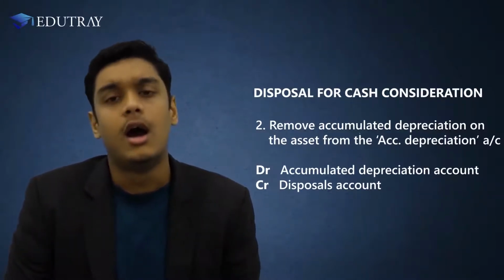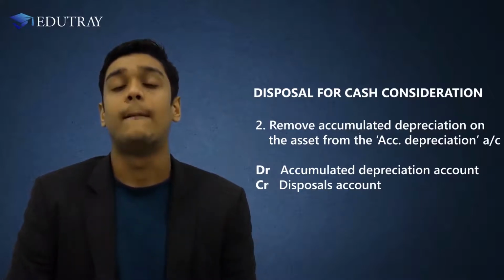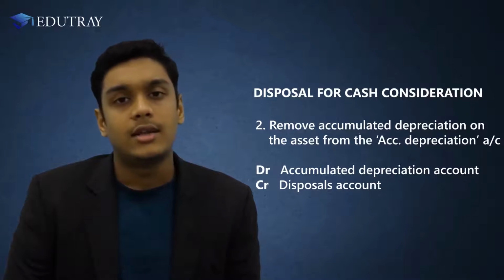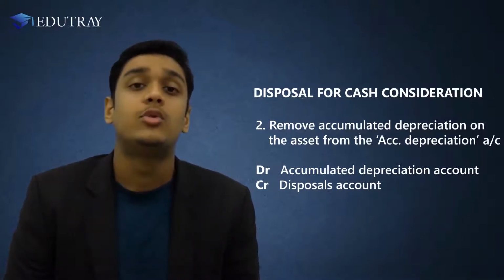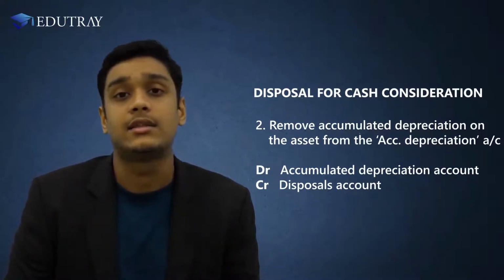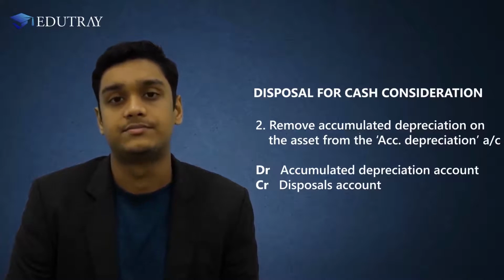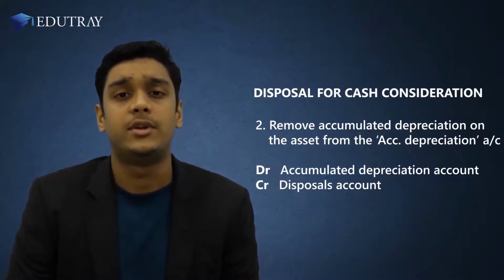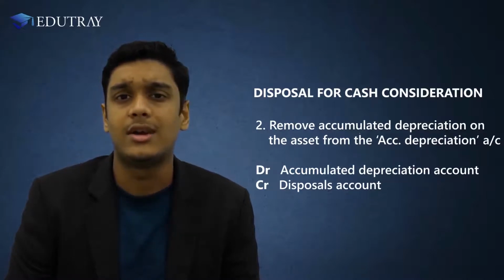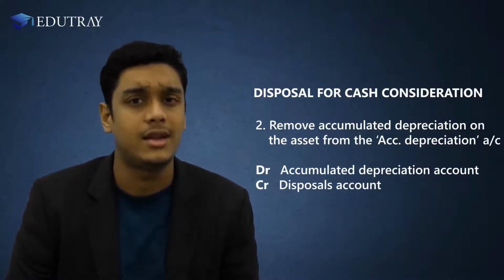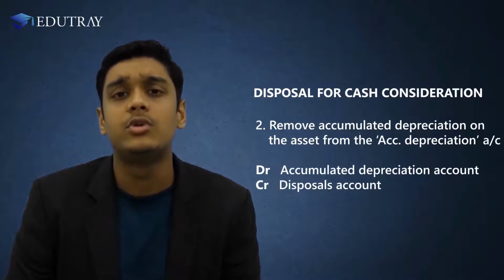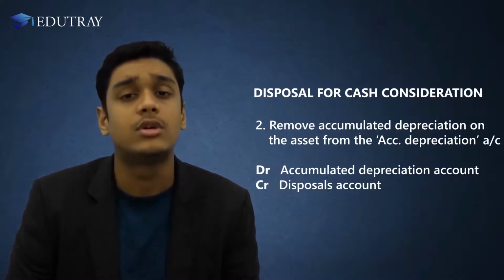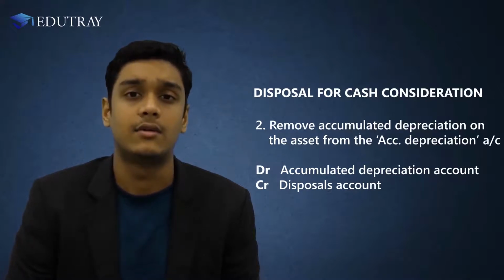And I told you earlier, how do you calculate profit or loss? You compare the net book value with the selling price. So guys, to calculate the net book value, you need to take the cost and subtract the provision for depreciation. In that case, to reduce the provision for depreciation, which is already credited in the provision for depreciation T account, right? To reduce it, you would debit provision for depreciation and you would credit the disposal T account.